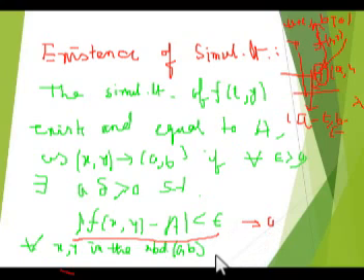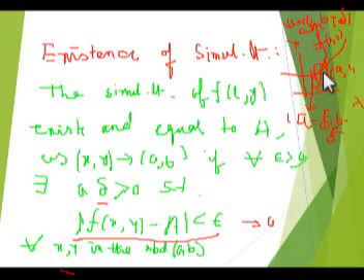For this purpose we have taken a delta, also very small, just greater than 0: from (a minus delta, b minus delta) to (a plus delta, b plus delta).